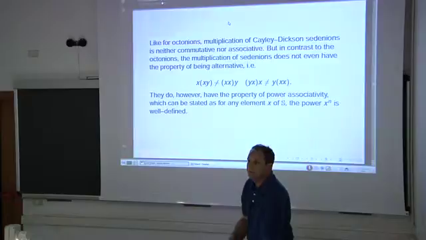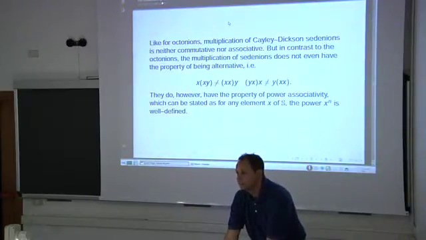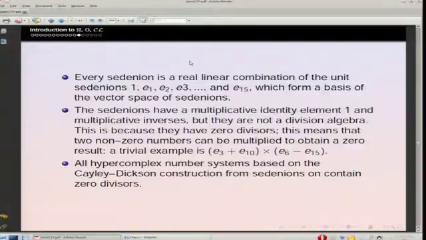They only have power associativity, which is the least condition to define anything which looks like analytic stuff. Otherwise, you are completely gone. If you don't have power associativity, you cannot write a power series. There is also a misprint in this notation, I'm sorry.